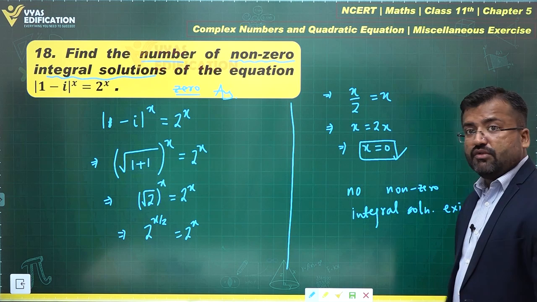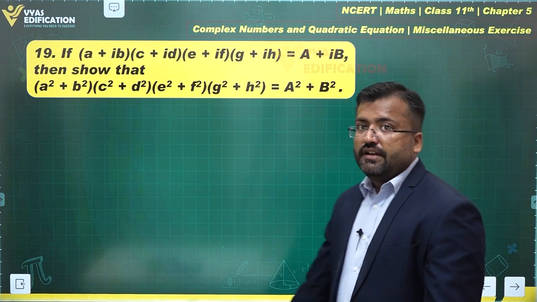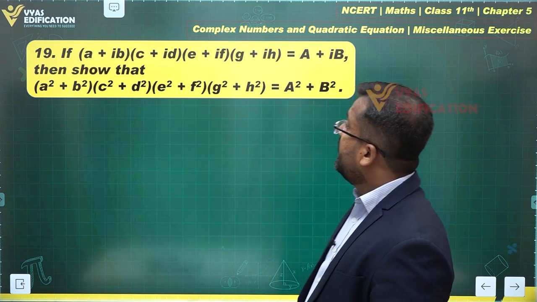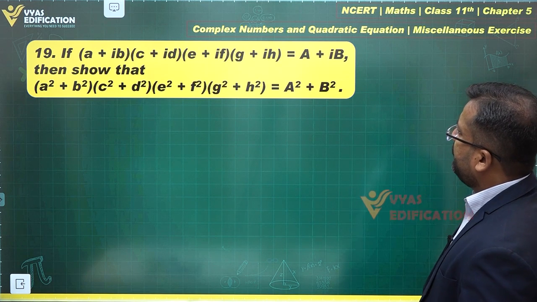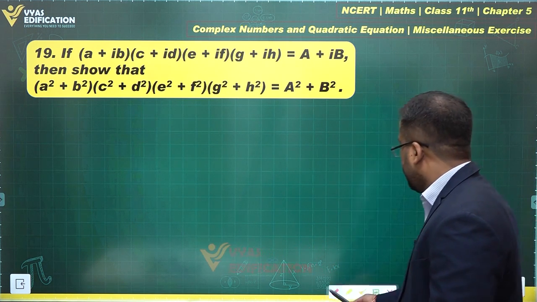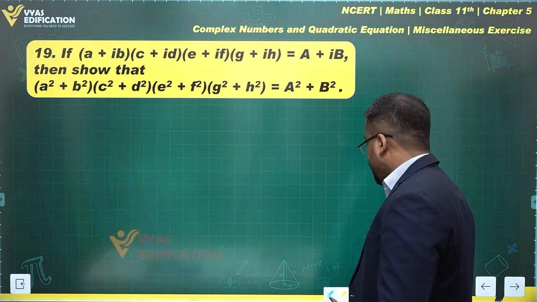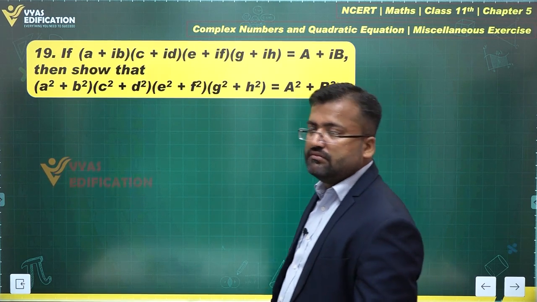And that's what you can take a look at once again. Let's take a look at this question. If a plus ib times c plus id times e plus if times g plus ih is equal to capital A plus i capital B. The product of these four complex numbers is equal to another complex number, then show that.